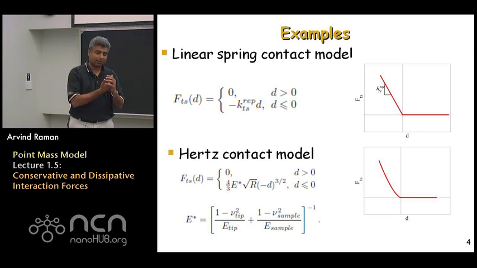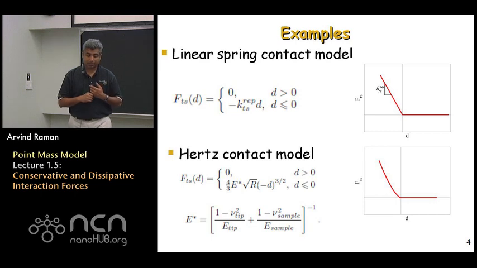And when contact occurs, you get this repulsion that's described by the continuum theories of contact mechanics, where the sample wants to push the tip out. And this is given by a characteristic 3/2 power law dependence on the indentation. Remember, d is the gap, so negative d becomes the indentation into the sample.